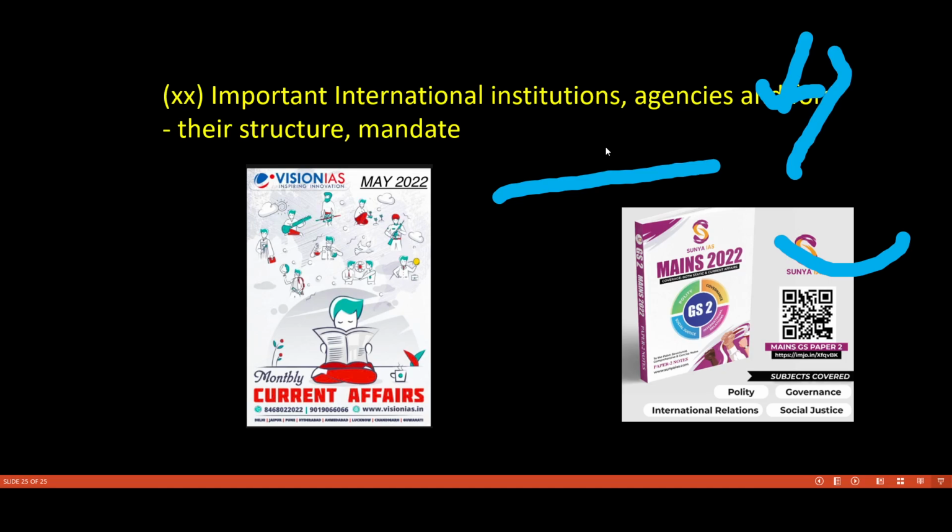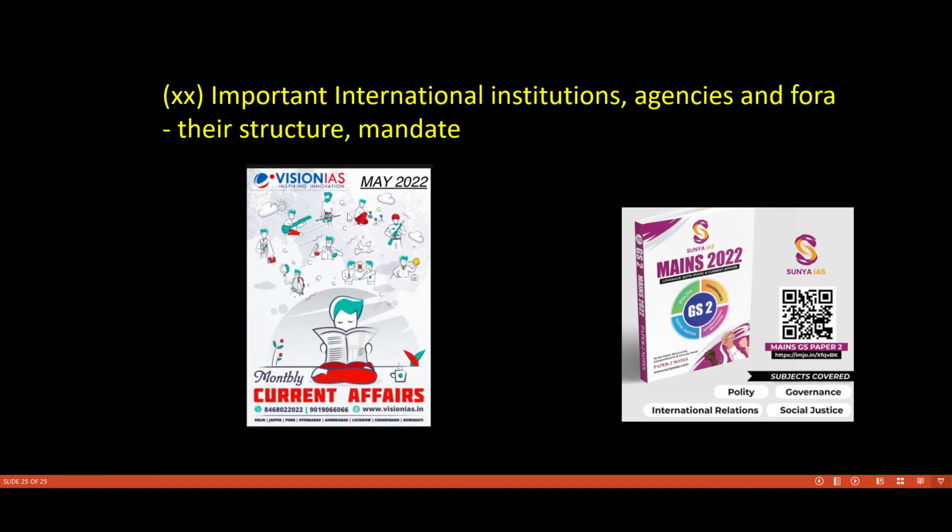The next topic is important international institutions, agencies and fora, and their structure and mandate. Important international institutions like the UN have been asked. In 2020, a question was asked which was not very common, for example about the McBride Commission of the UN. It was not common knowledge, and we didn't find it highlighted in current affairs.